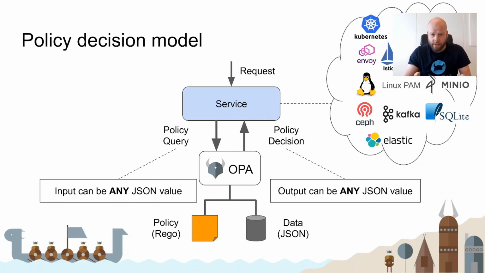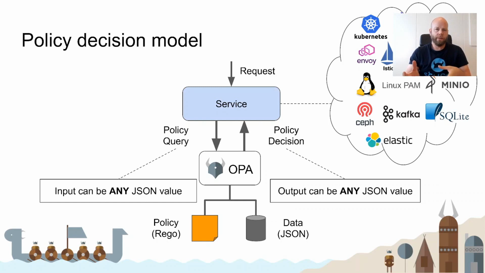So we send that into OPA, and the way we do that is normally through the OPA REST API. So we have OPA running alongside the service, and we send an HTTP query into OPA, and the query itself is just any JSON value. So that could include the path of the request method, the name of the user, maybe relevant groups, and so on and so forth.